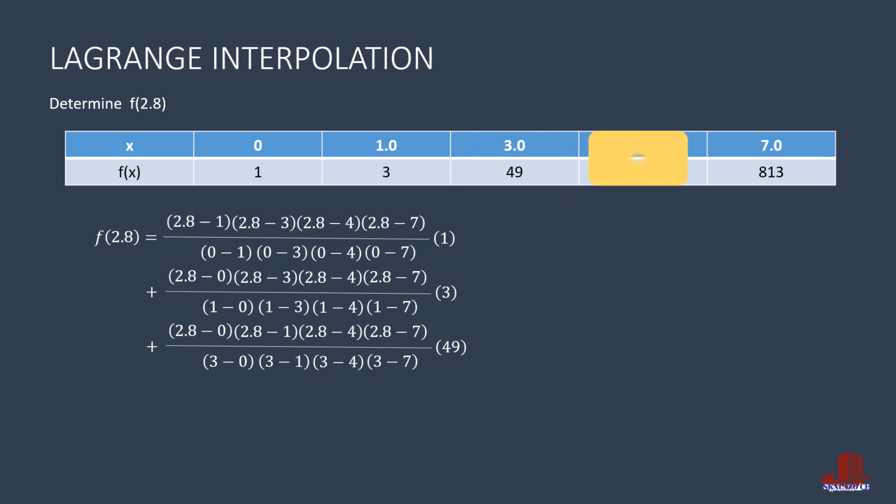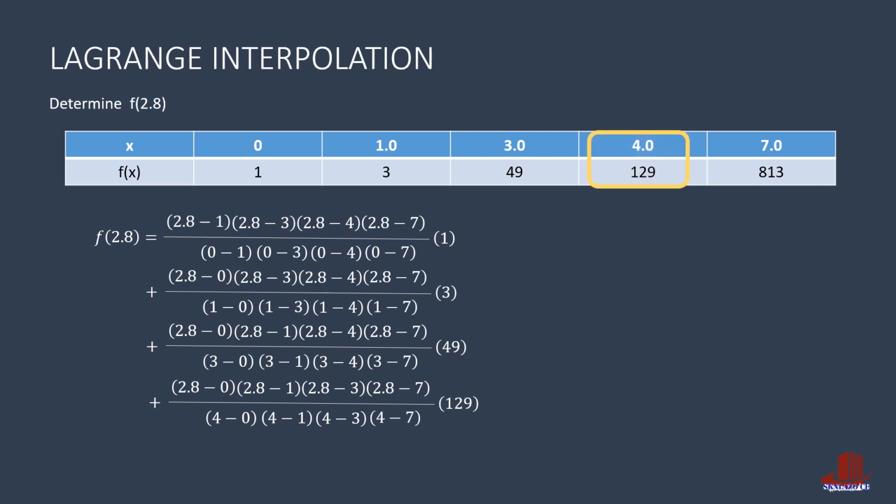The fourth term is then computed by covering the fourth data point. The numerator has 2.8 minus 0, 2.8 minus 1, 2.8 minus 3, and 2.8 minus 7. The terms in the denominator use the covered x of 4. So that would be 4 minus 0, 4 minus 1, 4 minus 3, and 4 minus 7. The y for this term is 129.